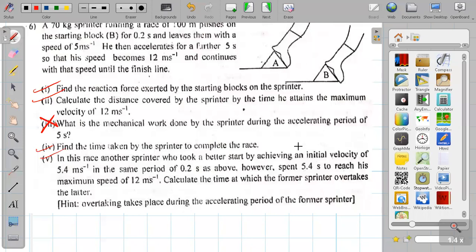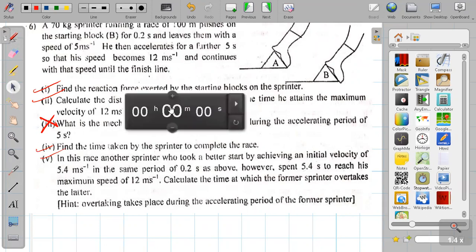For this question, I maximally give you like 8 minutes, about 2 minutes per question. Maximum time allocation is 8 minutes. Start it now.